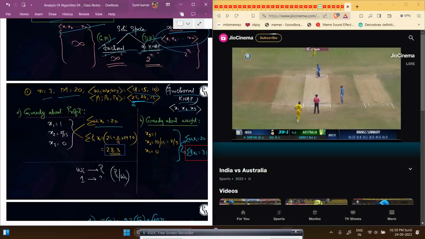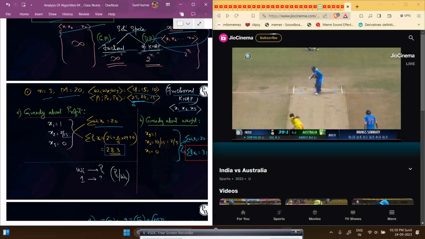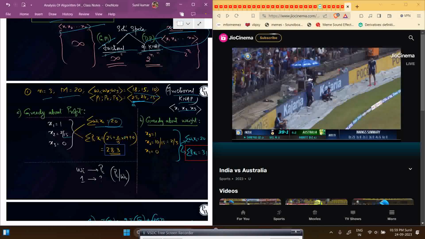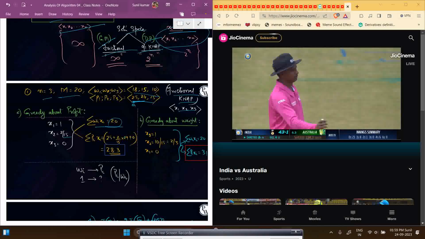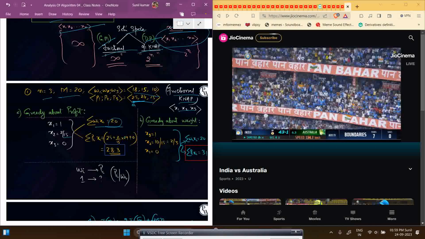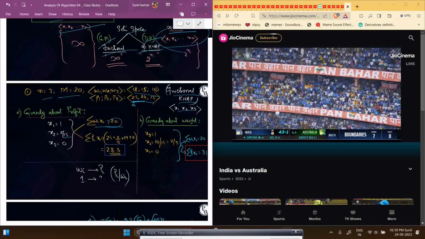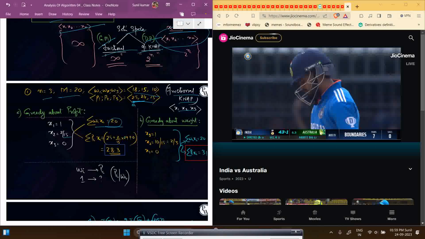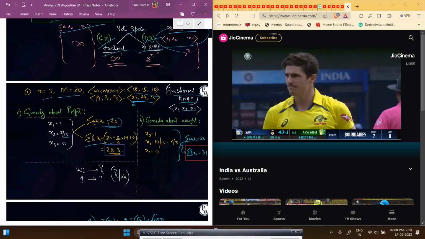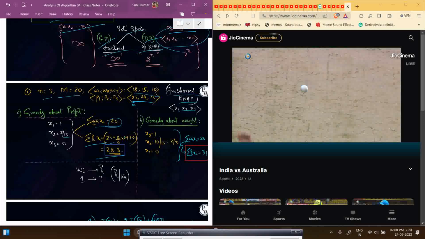The total profit, the sum of Pi Xi, comes to 28.2.